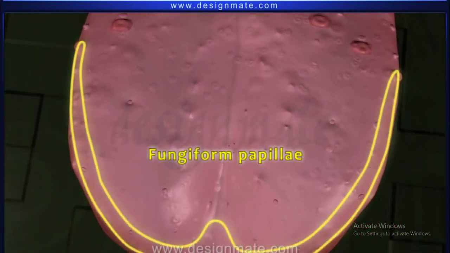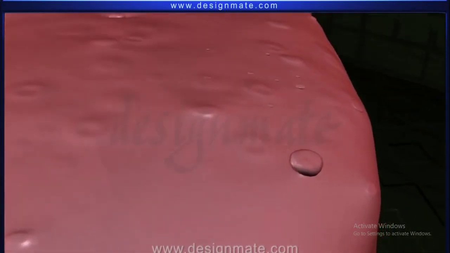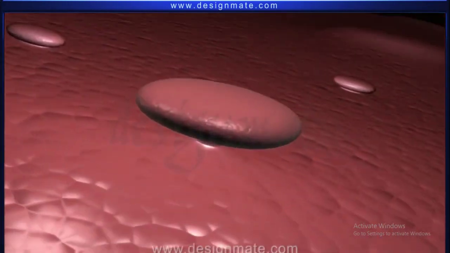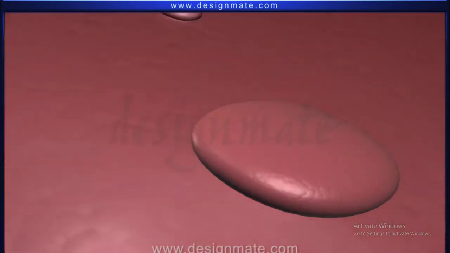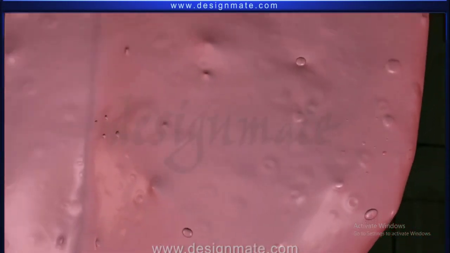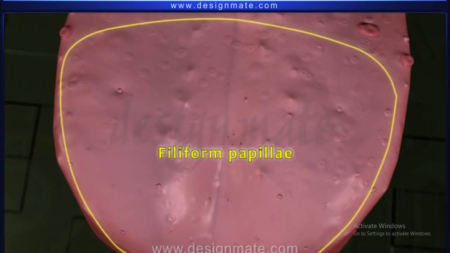The fungiform papillae are numerous, distributed at the tip and sides of the tongue, and are mushroom-shaped. The filiform papillae are most abundant but small.